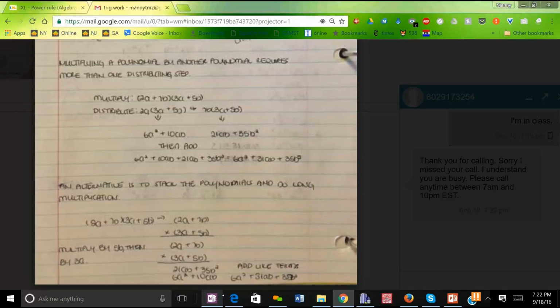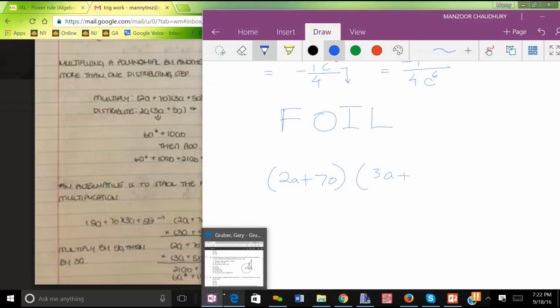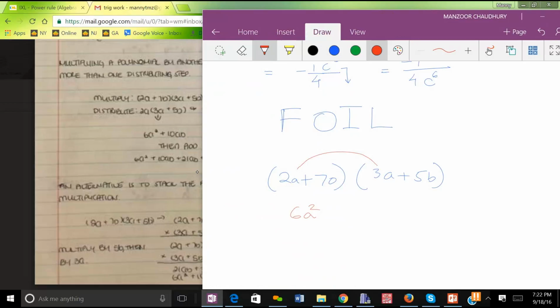So what you do is first times first. You do 2A times 3A. What do you get? 6A squared. It's 2A plus 7B, not 70. It looks like a 0, but it says B. Okay, then what you do is outside: 2A and 5B.